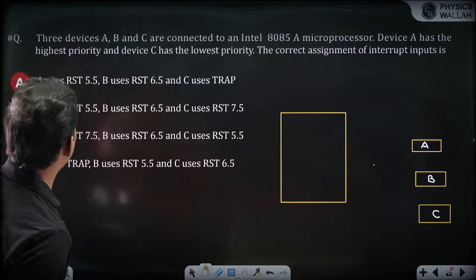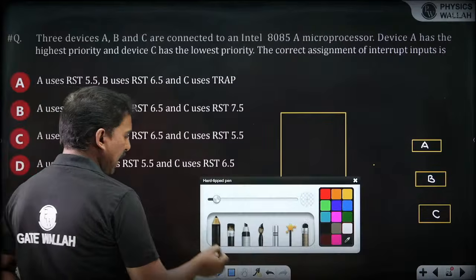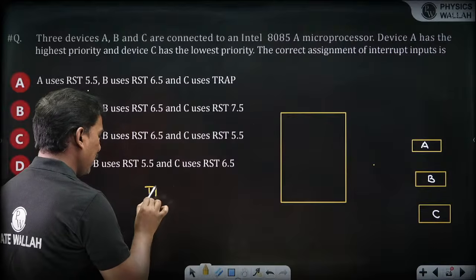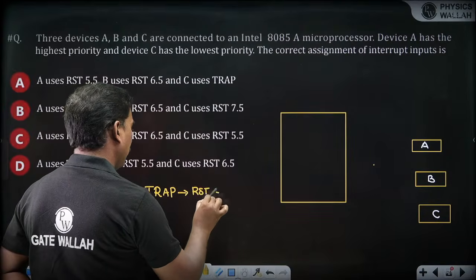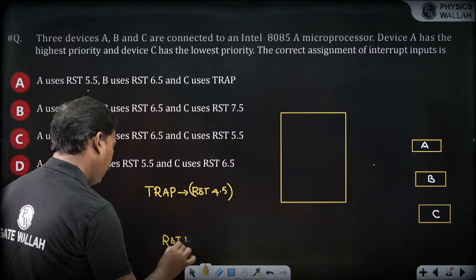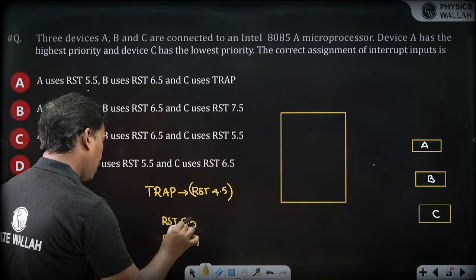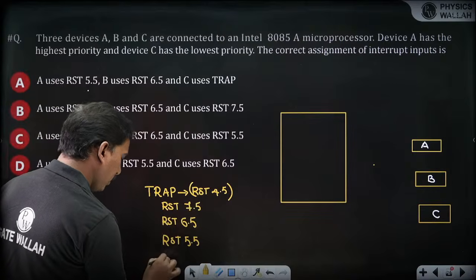He has given here 5.5, 6.5. First of all, priority-wise, TRAP is always the highest priority. Then RST 7.5, RST 6.5, RST 5.5, and INTR.